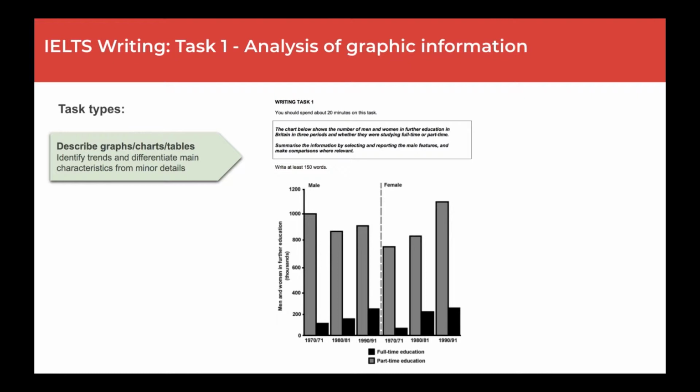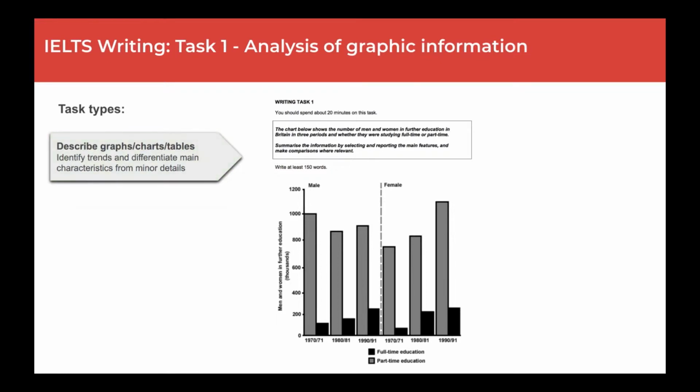So you're required to summarize the information by selecting and reporting the main features and by making comparisons where relevant. In order to do this task successfully, you should be able to identify trends and select main characteristics of graphs and differentiate them from minor details.